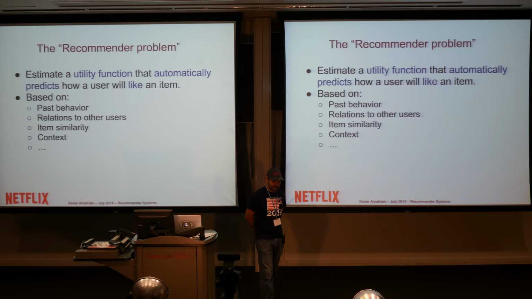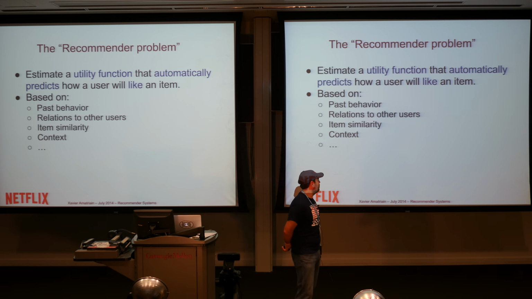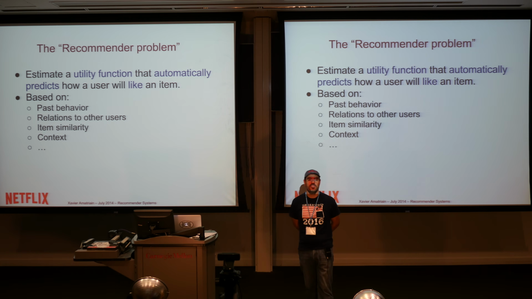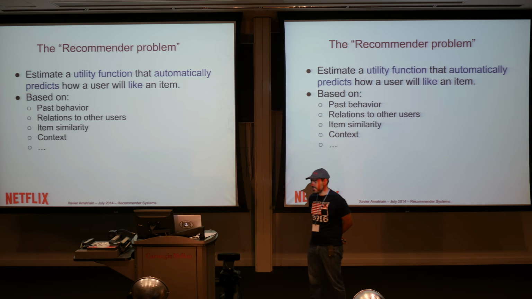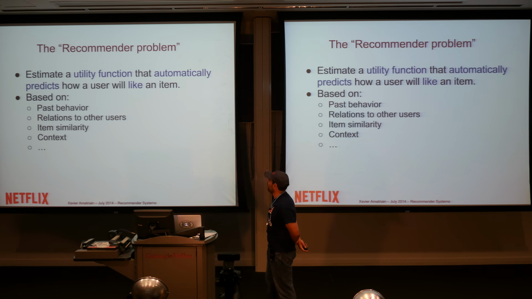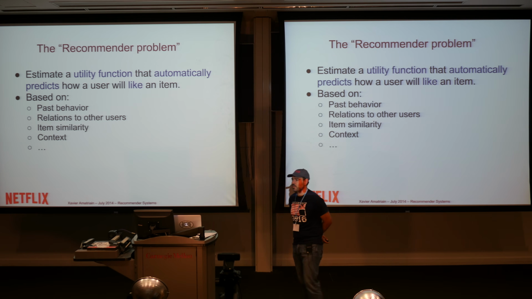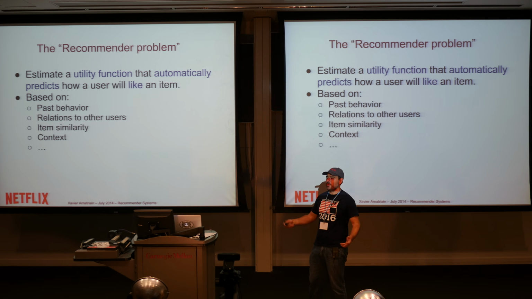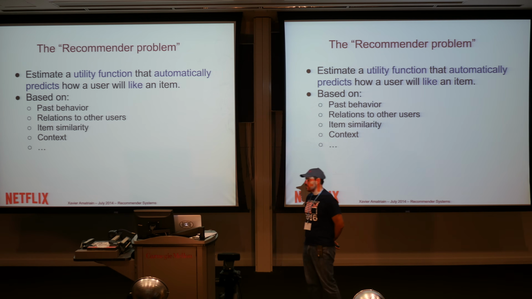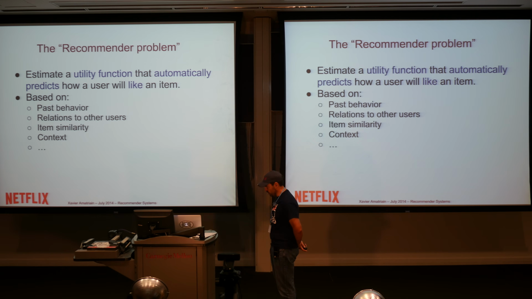Okay, so what is what we call the recommendation problem? And this has been cited and quoted many times. The recommendation problem, we describe it as a utility function that is trying to estimate or predict how a user will like an item, right? And this is a very generic definition, and we'll get more into some instances of this definition. What this prediction is going to be based on depends on what we have, right?